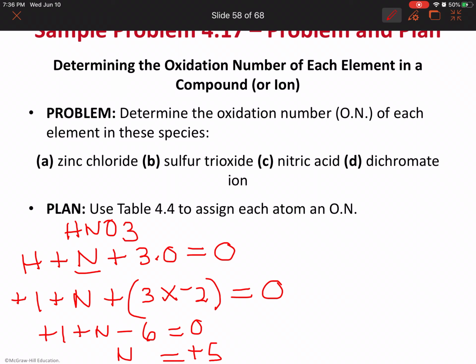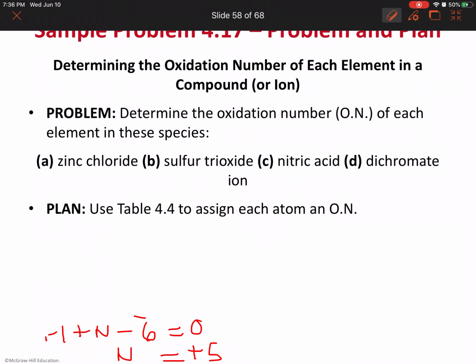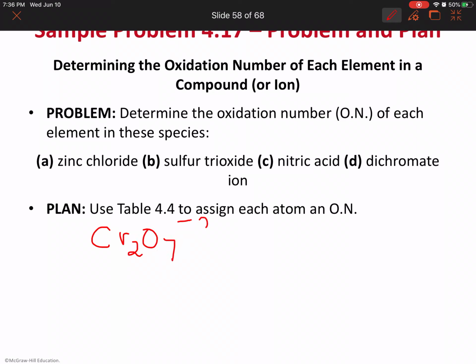Okay, and then let's look at the oxidation number for the dichromate ion. Again, you can refer to your polyatomic chart to find out what the dichromate ion is. Dichromate ion is Cr2O7 -2.